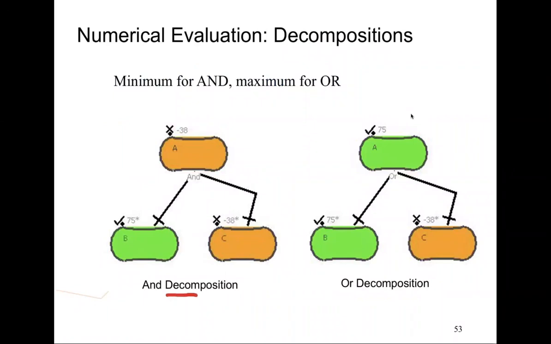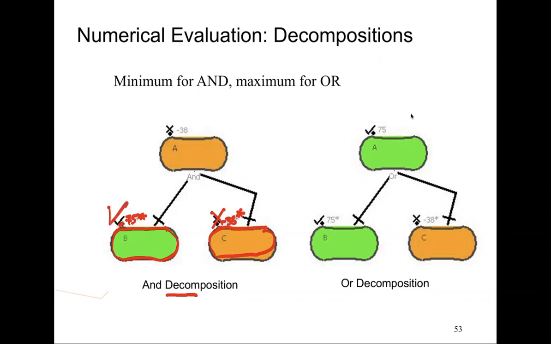If you look at this number, we have soft goal B and another soft goal C. C has a level of satisfaction of minus 38, initially given, while this one has 75. Initially given, this one has an X underneath the dot, and this one has a check mark underneath the dot.